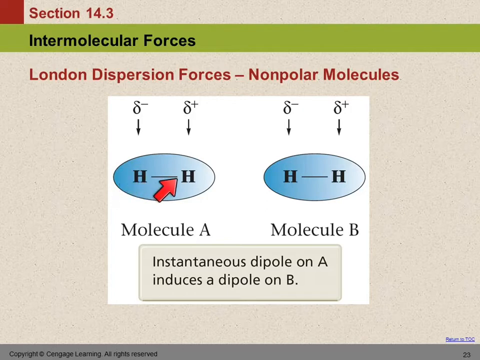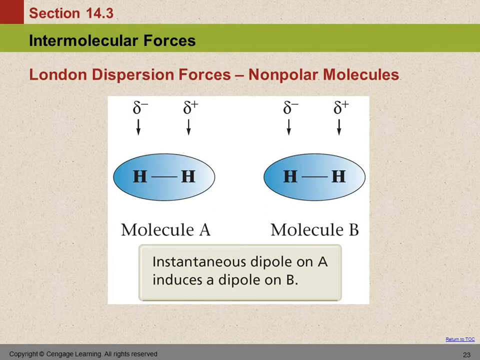In a hydrogen molecule, each hydrogen has one electron, so there's only 2 electrons here. If they both happen to be over on this end, then this end's going to be a little bit positive, that's a little bit negative, and that induces a dipole in the second molecule. That's why I like the term induced dipole forces, because it's more descriptive. London was the name of the guy who described this, so I don't know why dispersion forces.